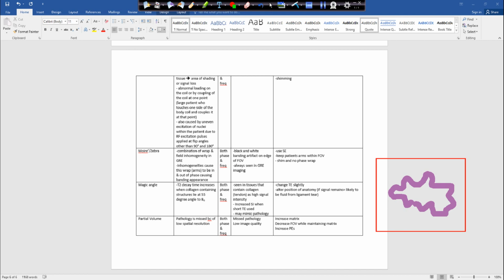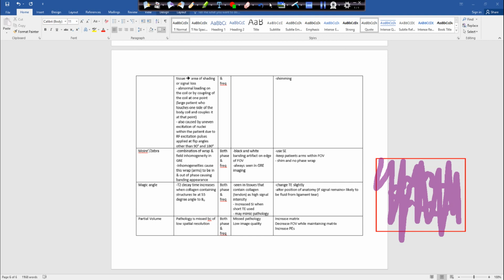So for any signal within one particular voxel, it averages that signal together. So the signal coming from the pathology and the signal coming from the brain tissue get averaged together, so it creates just a standard gray shade. So due to these two signals being averaged together, this particular voxel might look like just a shade of gray. And that gives nothing for our radiologist.